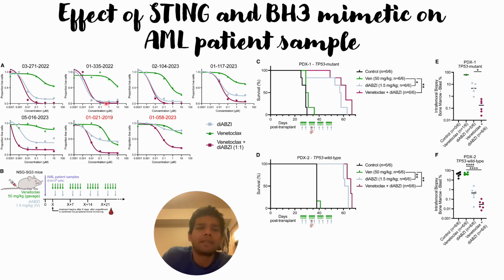After validating that the STING agonist could trigger cell death, and that its efficiency can be improved when the STING agonist is used with BH3 mimetics, they wanted to check these results on a mouse model, a humanized mouse model, or we can say NSG mice models, in which the patient-derived xenograft has been implanted.